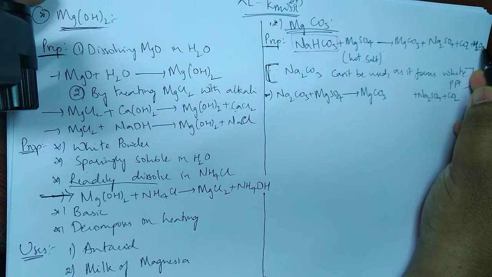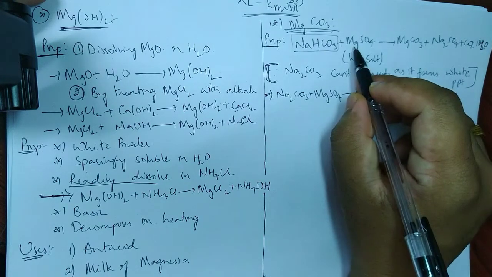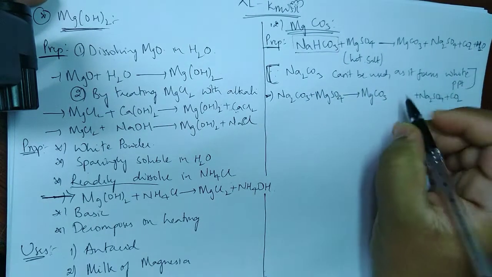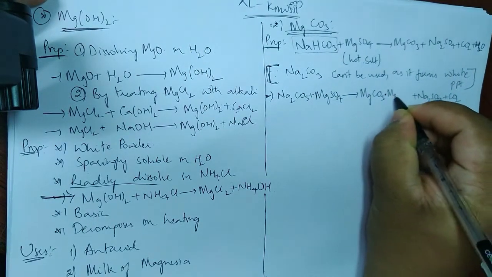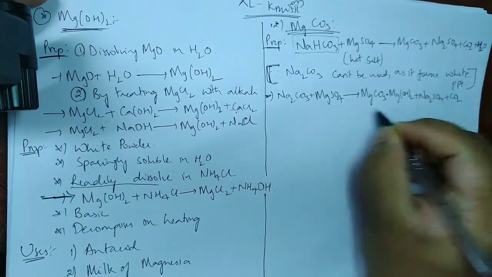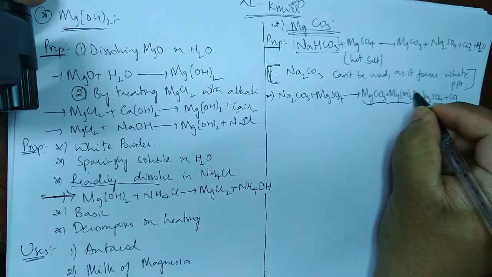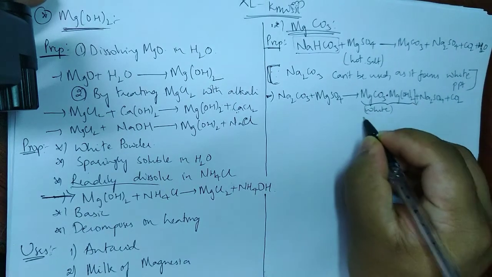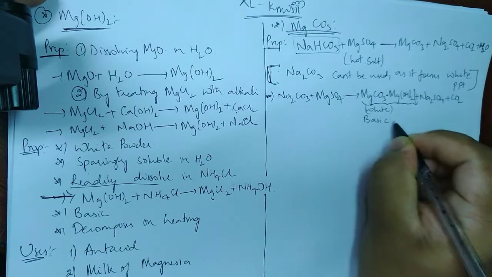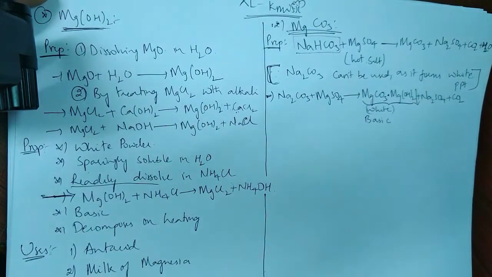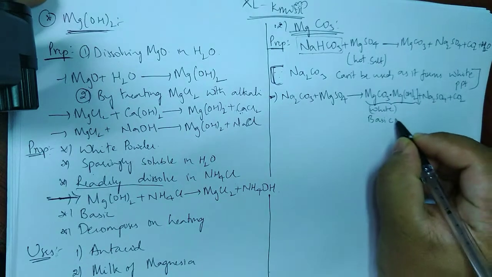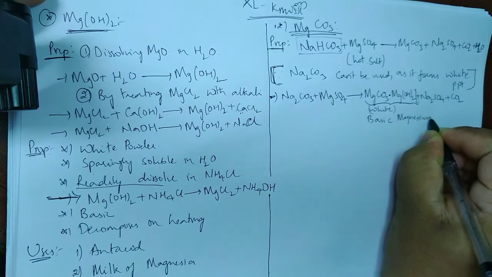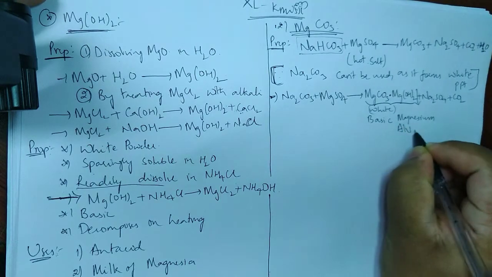This water that is released will further react with magnesium in the presence of sodium carbonate, because it has huge amounts of water, and it is present in the form of magnesium hydroxide, and this is the white precipitate, which is basic in nature, and it is called basic magnesium carbonate, alpha, not halwa, alpha.